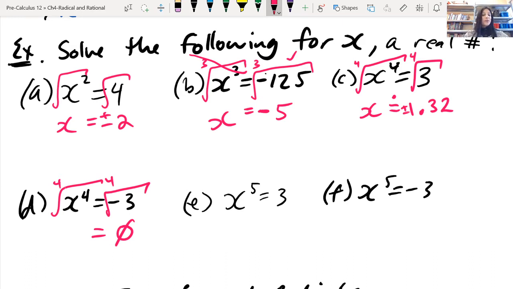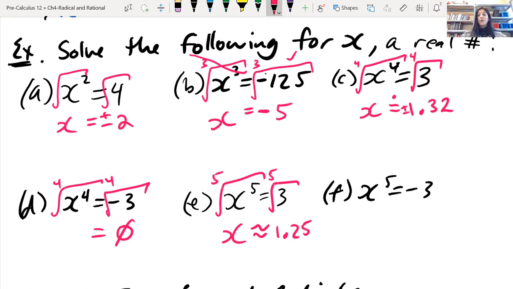It's an imaginary number, so I can just leave it with this symbol here to show that that's not going to happen. I'd take the fifth root of this and the fifth root of this, and when I do that, x would be, this time I'll use a squiggly equal sign. That's not the correct terminology, but it works.